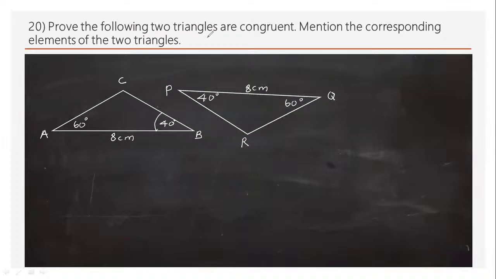Prove the following two triangles are congruent. Mention the corresponding elements of the two triangles. We have to prove this, and after that mention the corresponding elements. Then we can take triangle ABC and triangle PQR. So what are the elements you can see here?